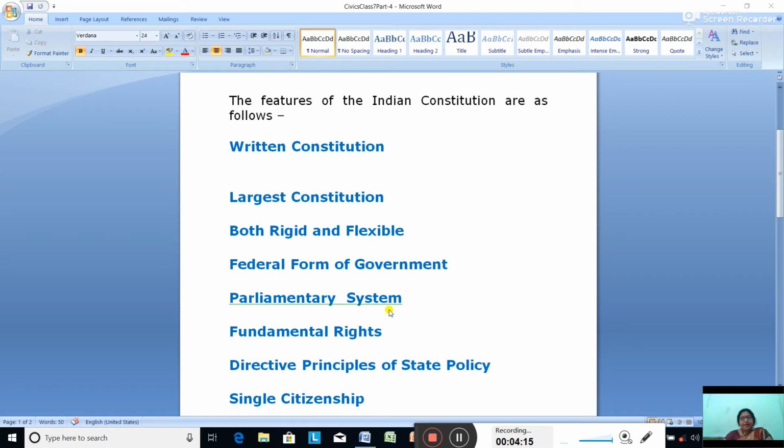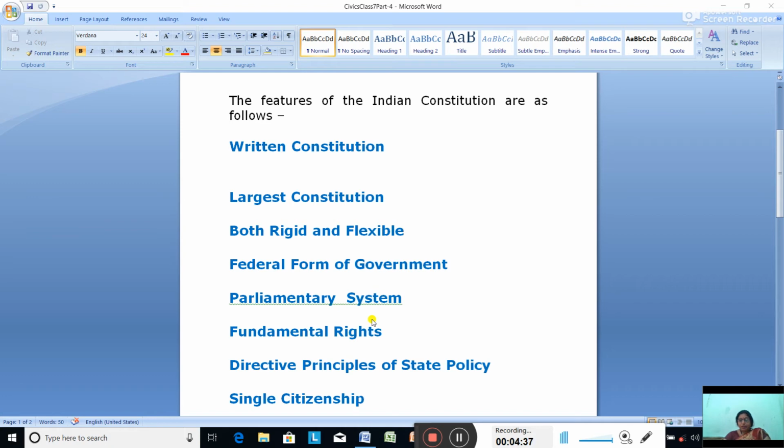Okay. Next we have the parliamentary system. Here our constitution establishes a parliamentary form of government. What form of government? A parliamentary form of government, both at the center as well as in the states.